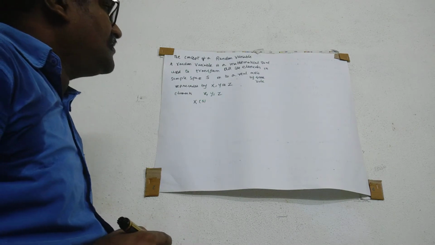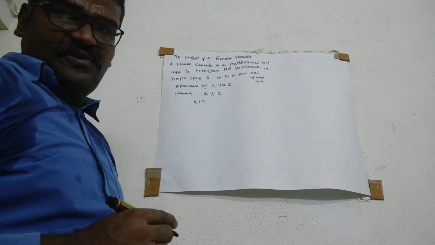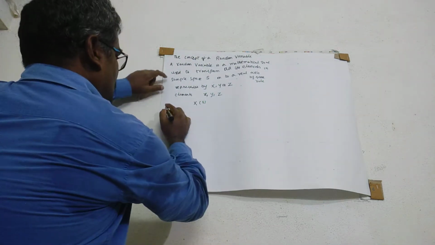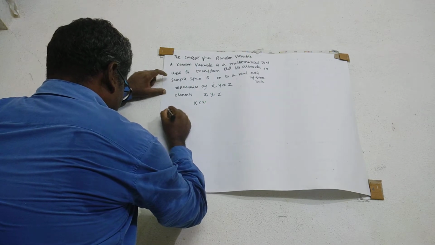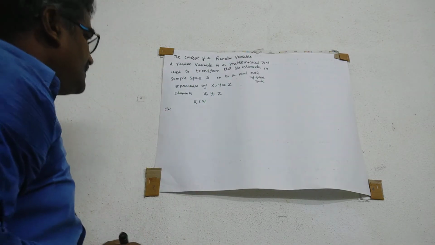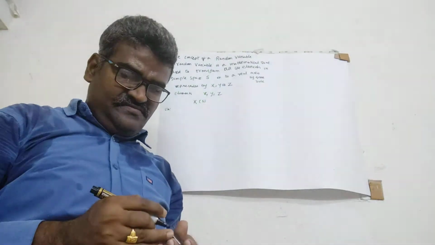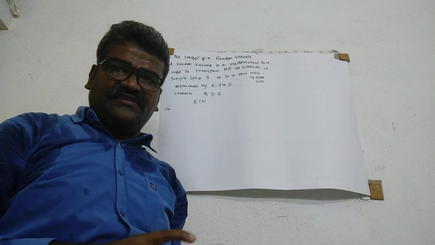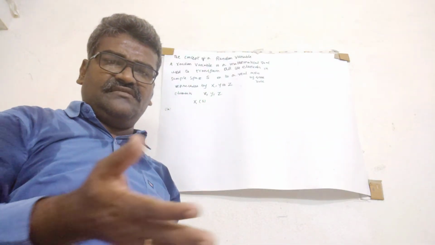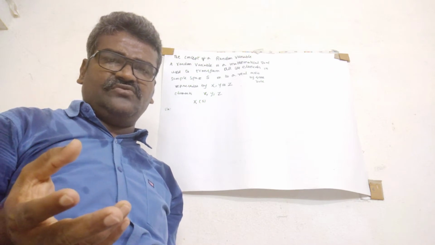Okay, now let us enter into the simple example problems. First example problem. Here we are conducting two experiments simultaneously. One is flipping a fair coin and the other is rolling a dice. In flipping a fair coin, what are the two distinct outcomes?